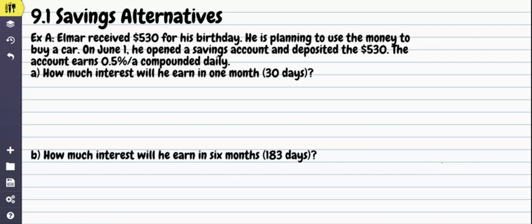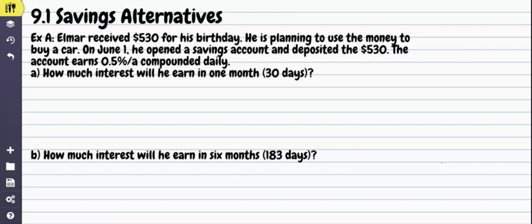On June 1st, he opened a savings account and deposited the $530, and the account earns 0.5% per annum compounded daily. Okay, compounded daily is good. The more frequently you compound, the more interest you can earn, potentially, but 0.5% per annum is really, really low. So we're not expecting to get a lot of money out of this bank account, I don't think.